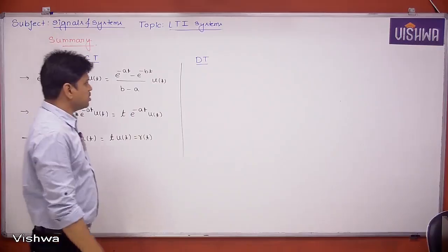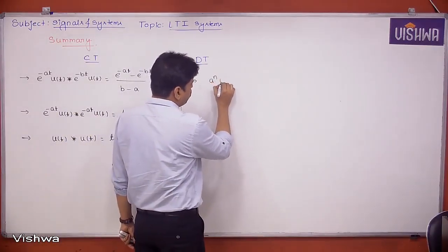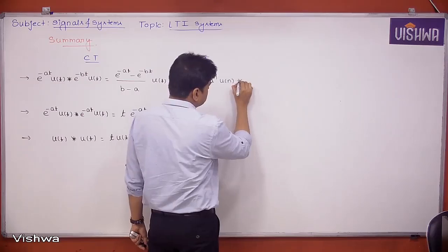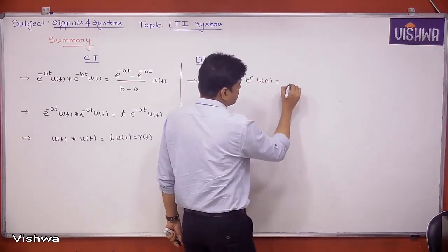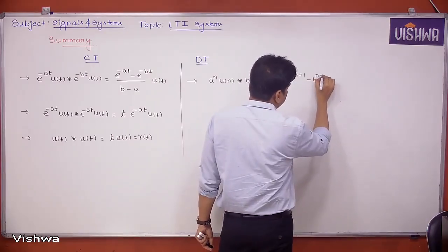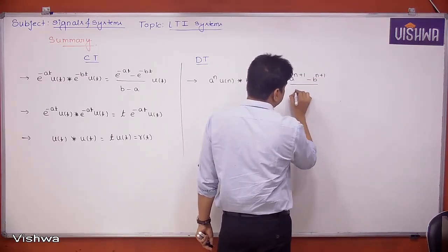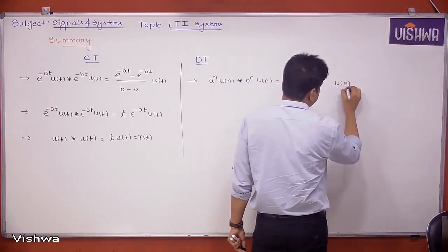In a similar manner, for the discrete time case, a power n u of n convolution with b power n u of n is going to be (a power n plus 1 minus b power n plus 1) by (a minus b) u of n.